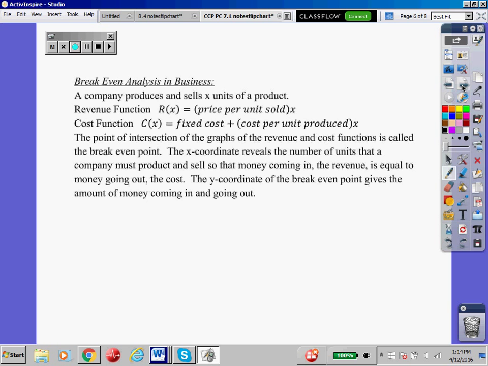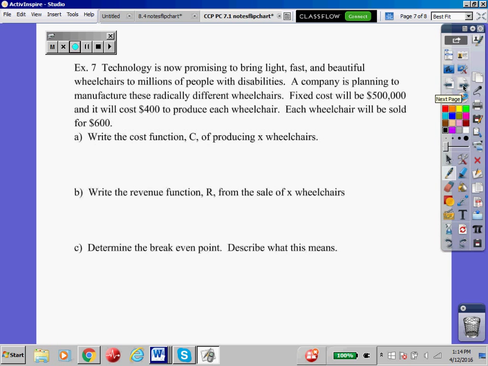Letter A says write a cost function for producing x wheelchairs. So the cost function is the fixed amount, $500,000, plus $400 per wheelchair. So my cost function is 500,000 plus 400x. You cannot add them together because they're not like terms.